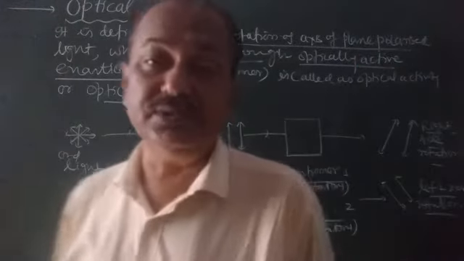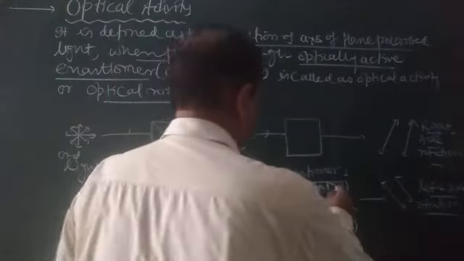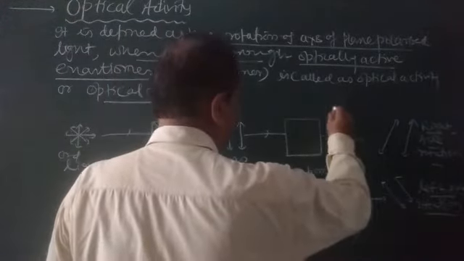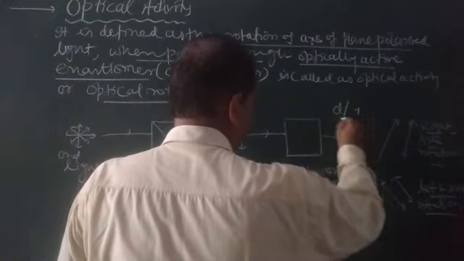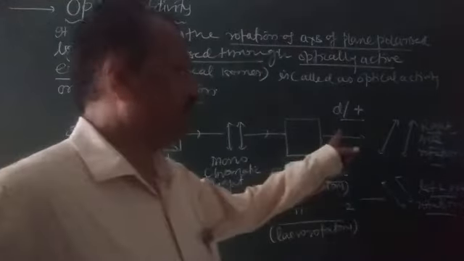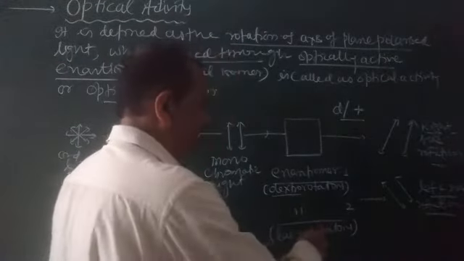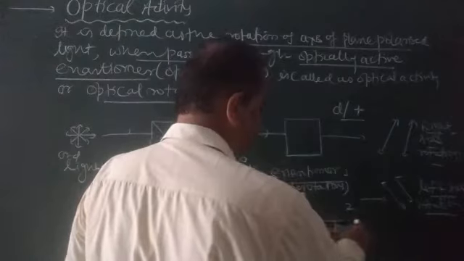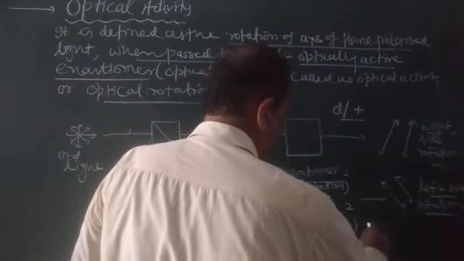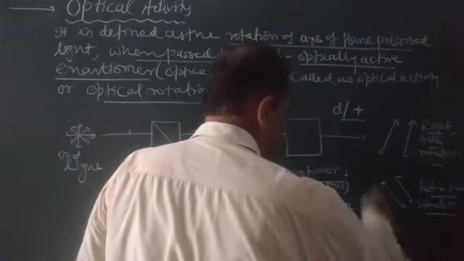Dextro-rotatory enantiomer rotates toward the right side, and it is written as D or plus, as the prefix before the name. Similarly, for the other we write small l or minus as the prefix.